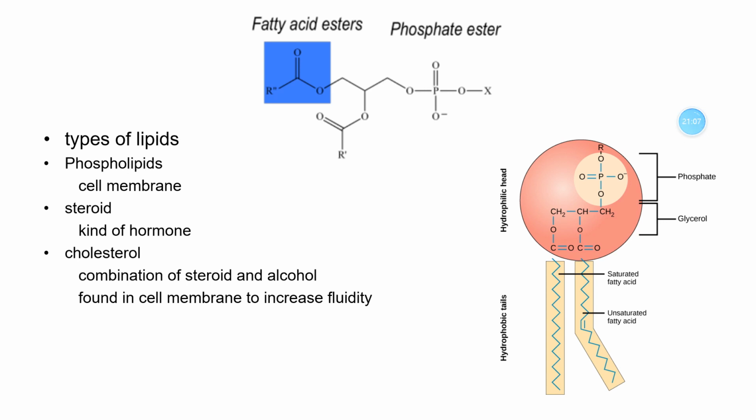It's a combination of steroid and alcohol, and it is also found in the cell membrane, and its main function is to increase fluidity. Like this phospholipid, this is the hydrophilic head, which means that it can interact with water molecules, and this is the hydrophobic tail, which means it cannot interact with water molecules.